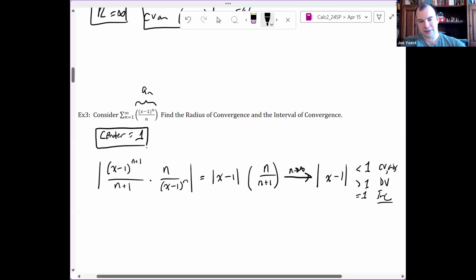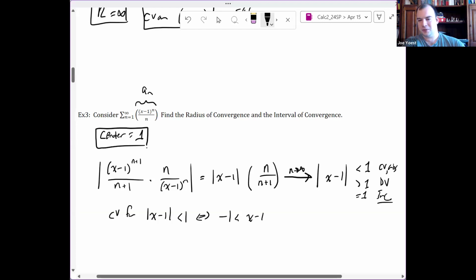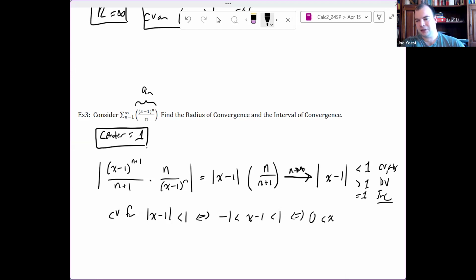So we converge for absolute x minus 1 less than 1. That is to say that we converge for negative 1 less than x minus 1 less than 1, which is to say that we converge for 0 less than x less than 2.